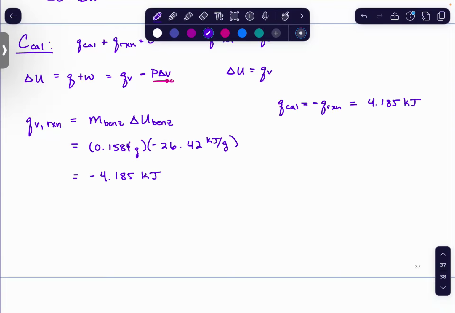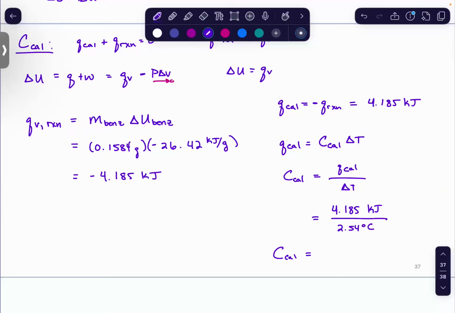And then, of course, we say that the Q of our calorimeter is going to be the total heat capacity of our calorimeter times the change in temperature, or the total heat capacity of our calorimeter is going to be our heat energy divided by delta T. And so in this case, that is going to be 4.185 kilojoules divided by 2.54 degrees Celsius.